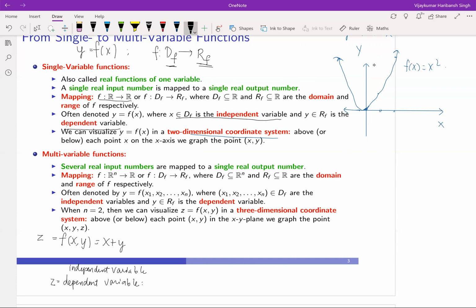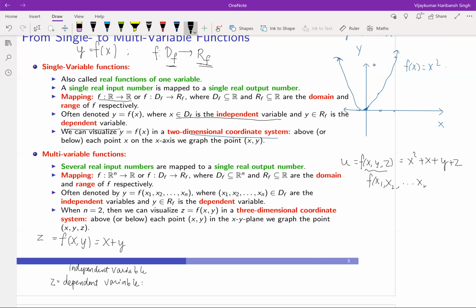So I can similarly have f of x, y, z equals x squared plus x plus y plus z. This is a function of three variables. There are three independent variables. Now, similarly, you can have a function of as many variables as you please.